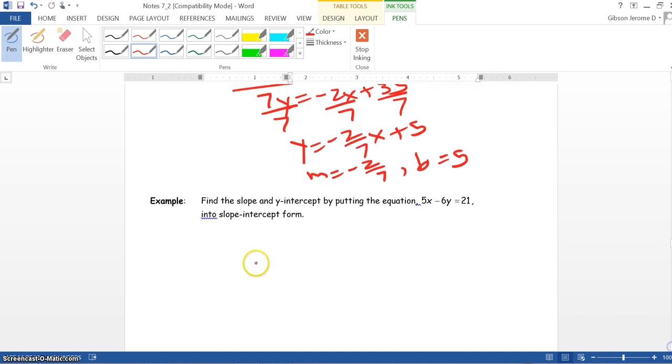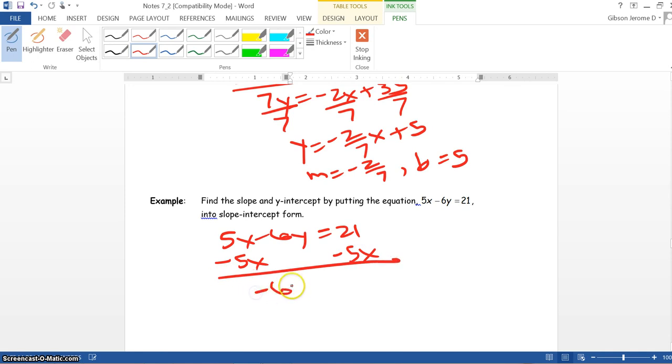In our next problem, we have the same directions. We have 5x minus 6y is equal to 21. We subtract 5x on both sides. Negative 6y equals negative 5x plus 21. We divide each individual term by negative 6.